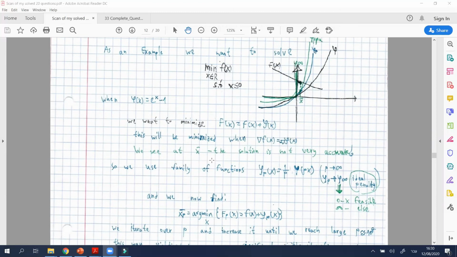So we see that the point at which the slopes, you see, this is the slope at this point, and our function, you see, this is the phi of p, let's say, at the first iteration. We'll talk about p in a second. Let's say phi of p is just e to the x minus 1 for the first iteration. By the way, p is equal to 1, and this is actually correct.